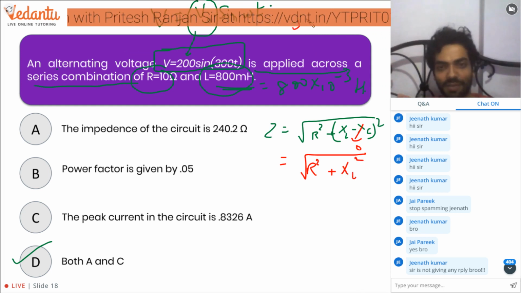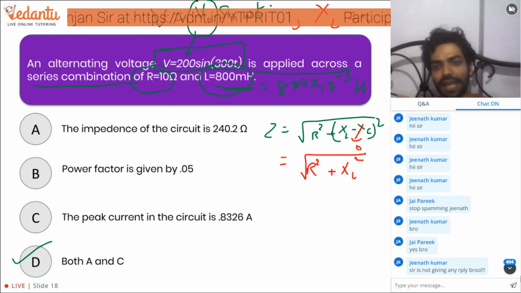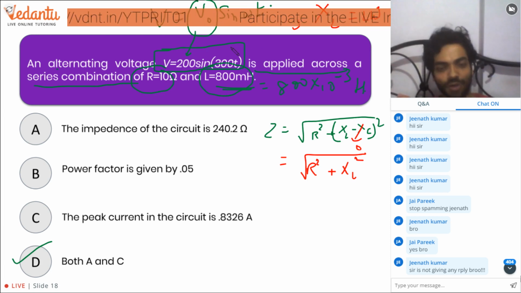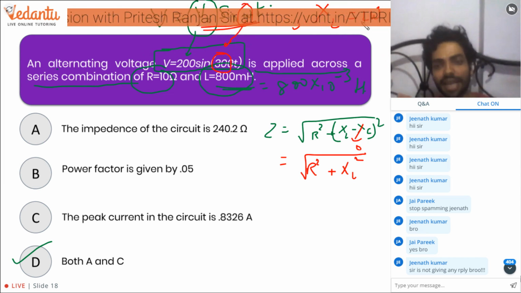And if you remember, I have given you the value of XL as L omega. You have the value of omega here, which is 300. You can look at the standard equation and compare it. So omega is 300, L is 800 into 10 to the power minus 3.